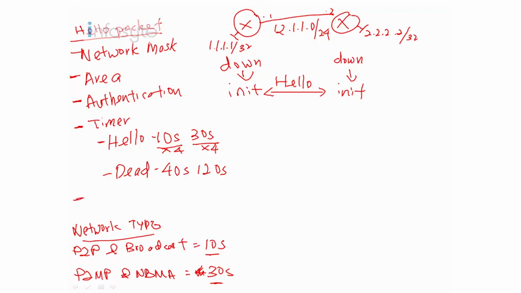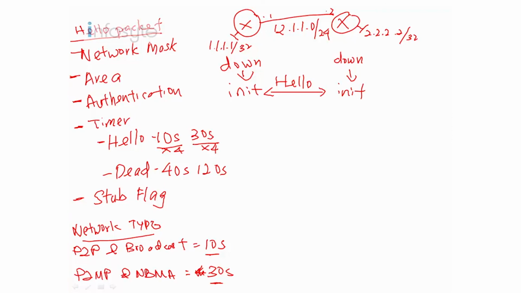The last option that needs to match for them to form the peer is the stub area flag. Let's say one router defines the area as a stub, the other router has to define it as a stub as well.